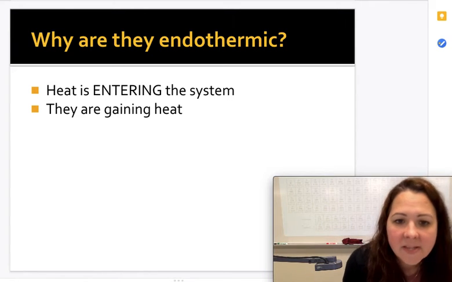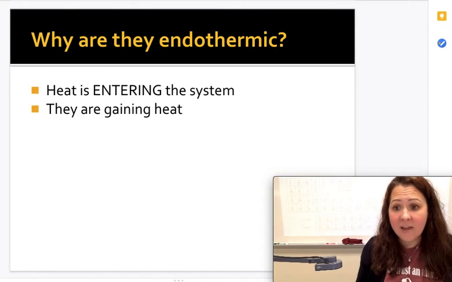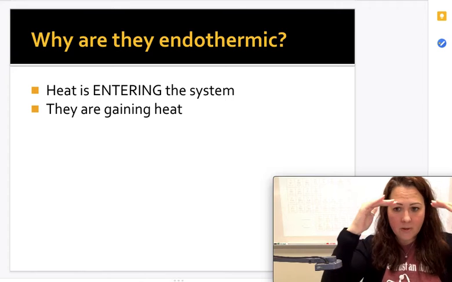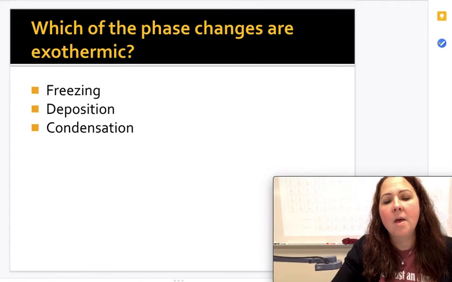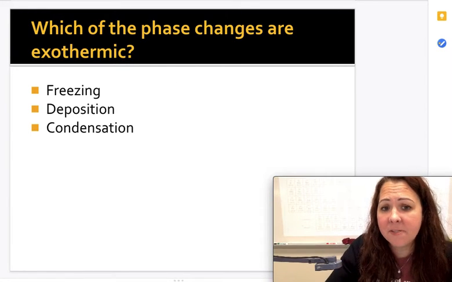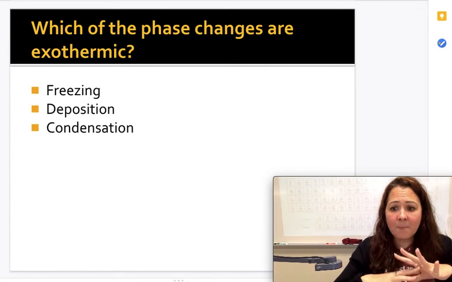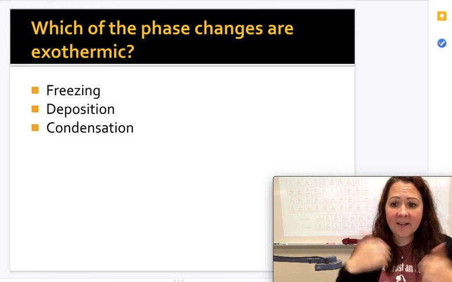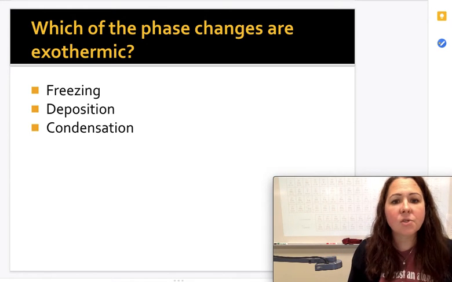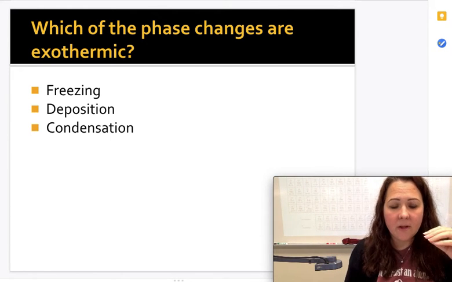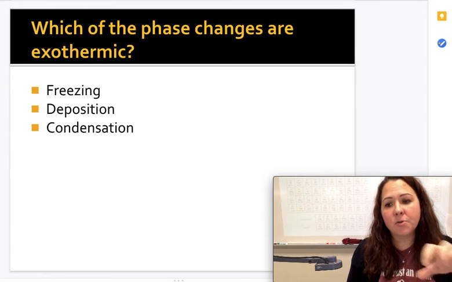So in all of these cases, they are all going to gain energy. Energy starts low, ends high. So that means that freezing, deposition, and condensation are all exothermic. With these, it's the opposite effect, that your heat needs to exit from them. So when you go through freezing, you have a liquid, and as you have that liquid, the little particles are moving fast.